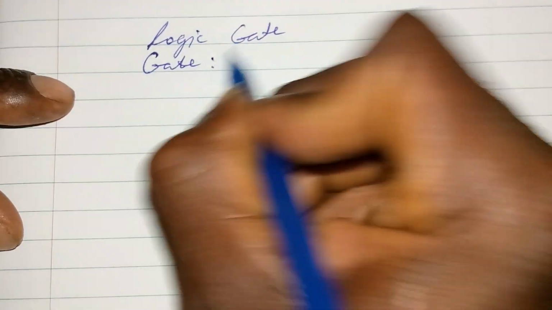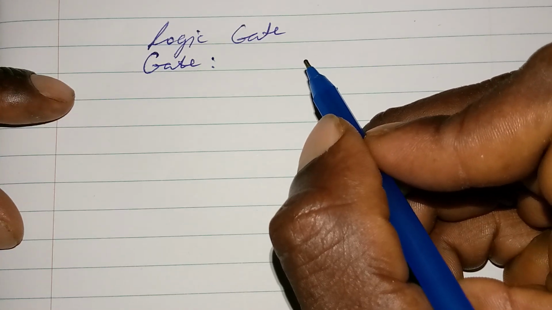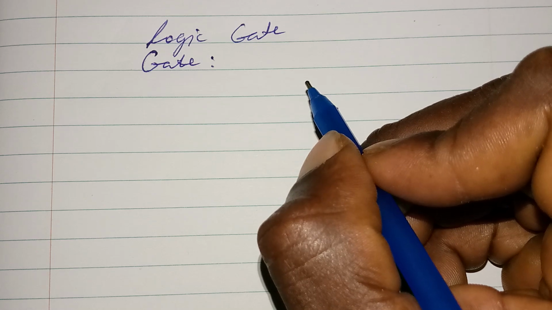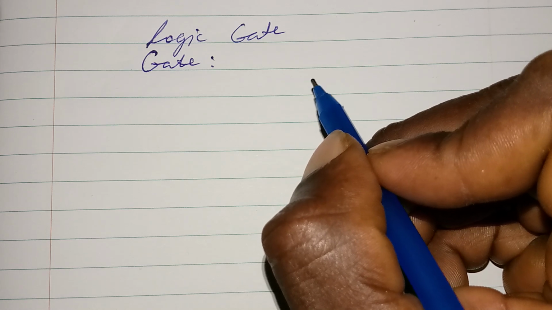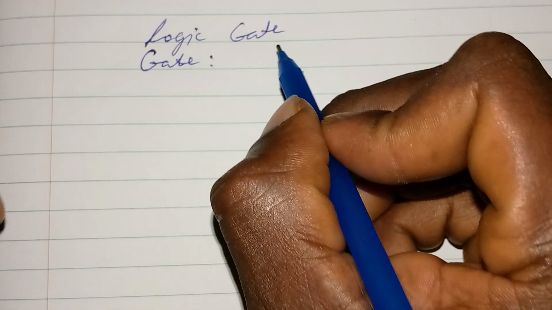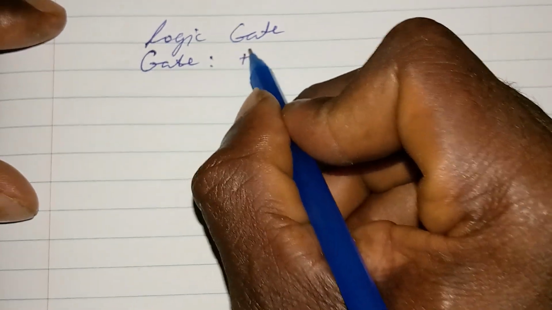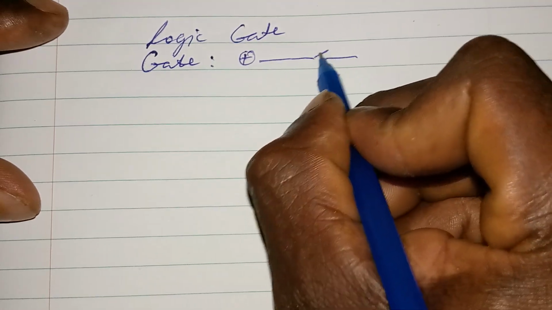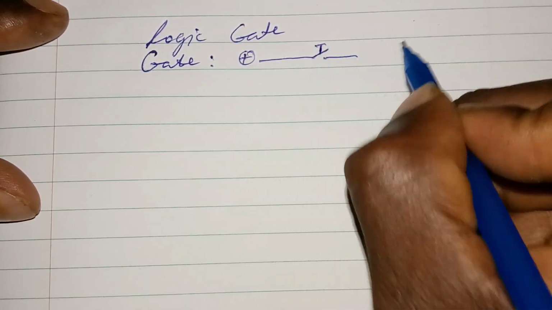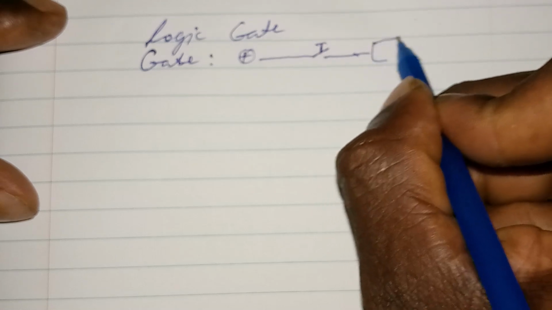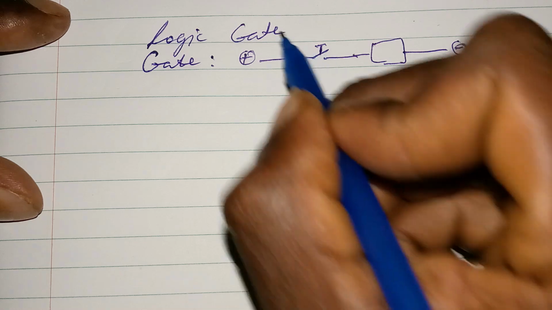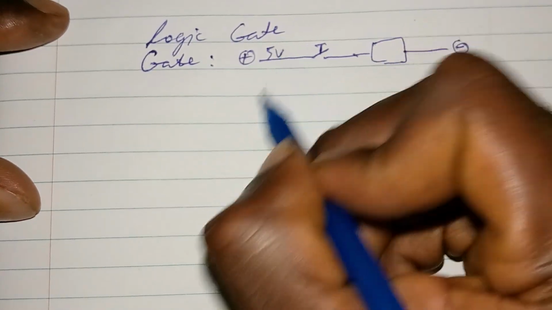Now let's take gate. What do you understand by the word gate? In electronics, when we talk about gate, we actually think of a switch. For instance, if you have a circuit, you have the positive and then you connect a switch here, and then you have the circuit here and the negative terminal, and then you apply a volt here.